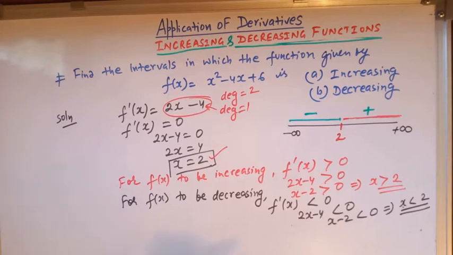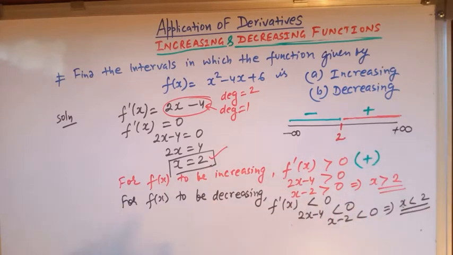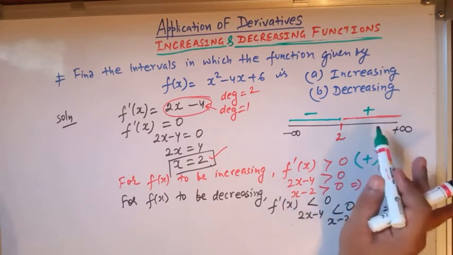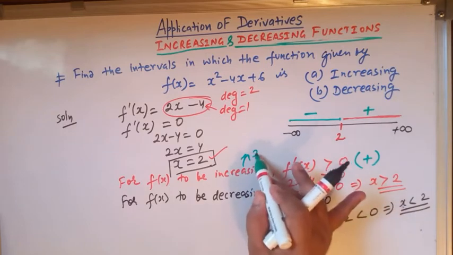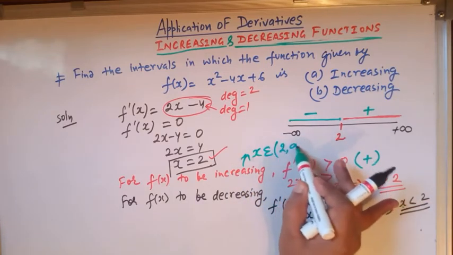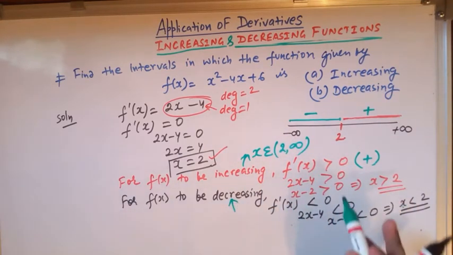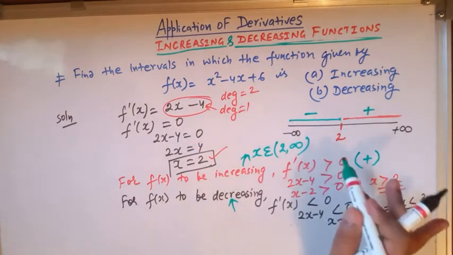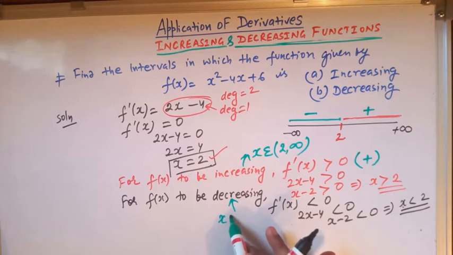The positive sign is for increasing, in the interval x belongs to 2 to infinity, and this function f(x) is decreasing in the interval minus infinity to 2. Clear?